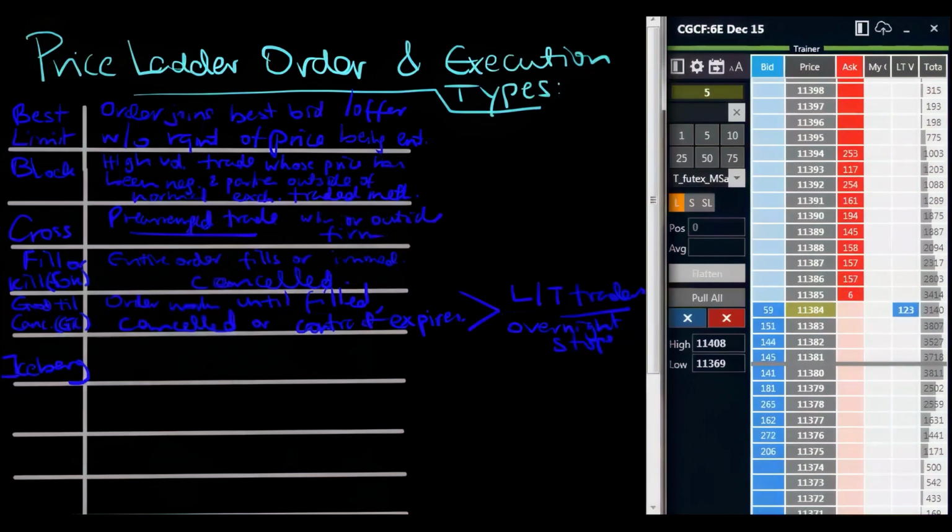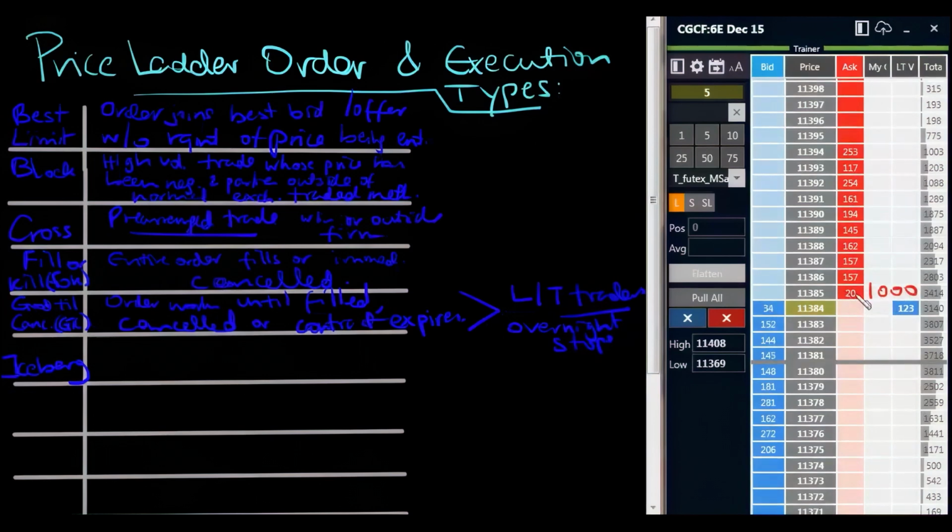So for example, if I wanted to sell a load of contracts at 113.85 here, but I didn't want to show my hand. I didn't want to say, okay, I'm good to sell 1,000 contracts here. If someone just appeared on a relatively thin order book here, if I put 1,000 lots on the offer, the market will probably start running away from me.